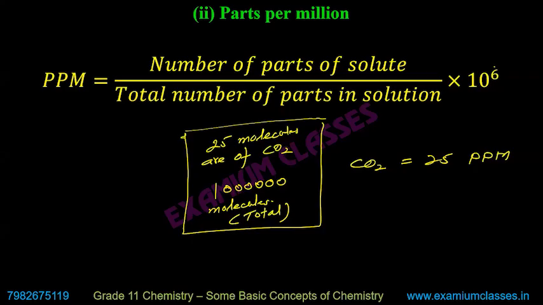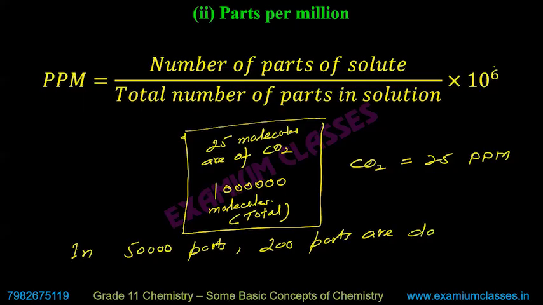Suppose you have been given that in 50,000 parts, 200 parts are of carbon.